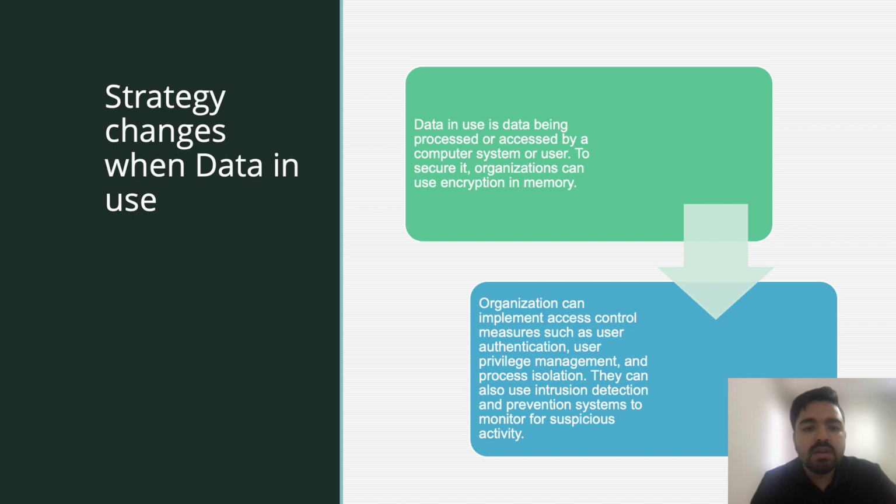Strategy changes when data is in use. Organizations can implement access control measures such as user authentication, user privilege management, and process isolation. They can also use intrusion detection and prevention systems to monitor for suspicious activities. As per the report of CSO, Chief Security Officer, organizations can also use data loss prevention solutions to prevent sensitive data from being copied or transferred outside of the organization network.